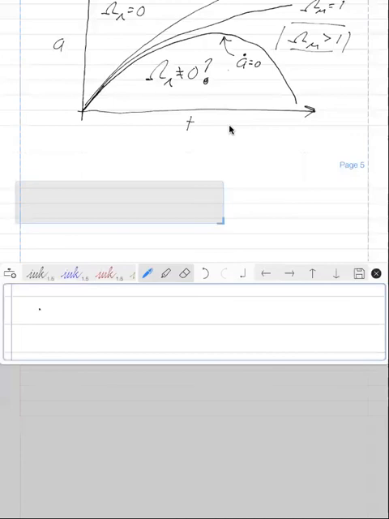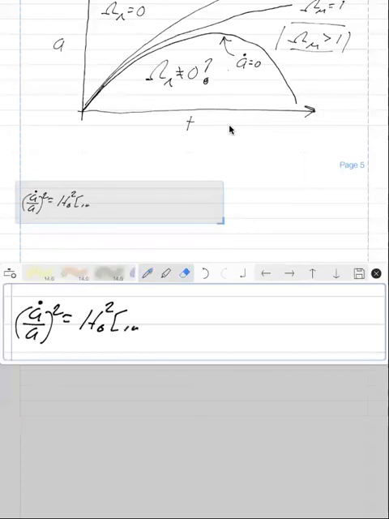Well, we can use Friedmann's equation to help us with that. A dot over A squared is equal to H0 squared times all that stuff in the brackets, all that omega stuff, and the omega k, or the curvature term. We want to know, when is A dot equal to 0? That's equivalent to asking when this is equal to 0. It's not exactly the same thing, but it's equivalent, because we're dealing with A dot squared.